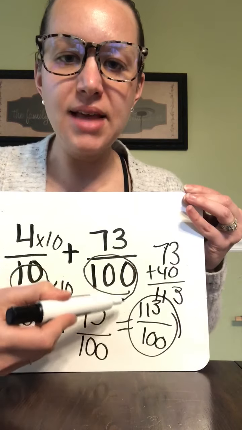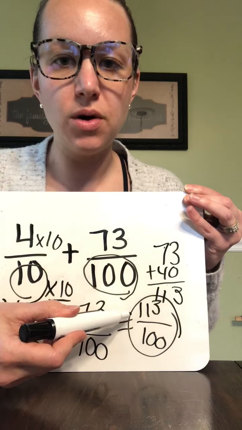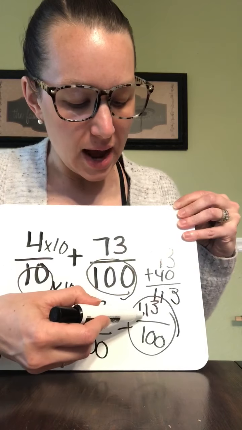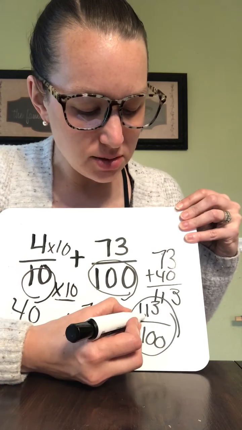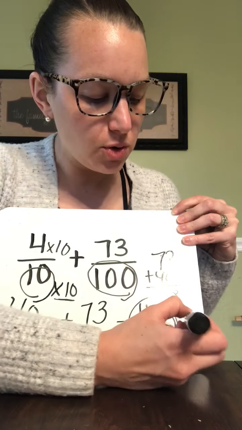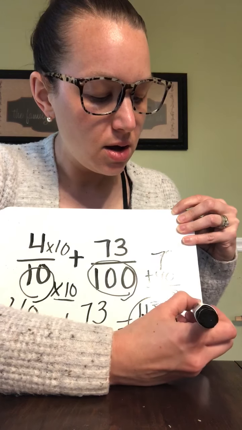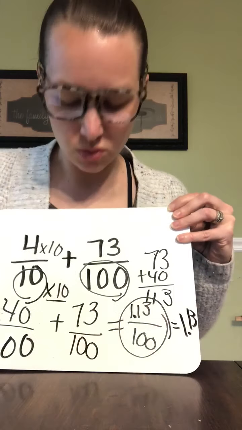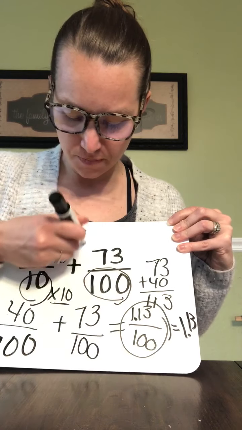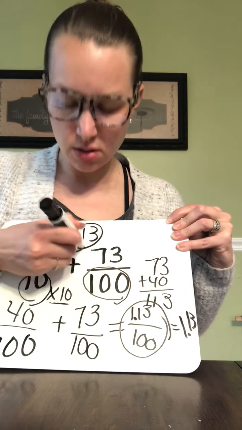Now, this asked me to make it into a decimal form. So I know that I am just going to put my decimal point right there. So as a decimal, your answer should be 1 and 13/100ths. Sorry, that's a little squiggled.